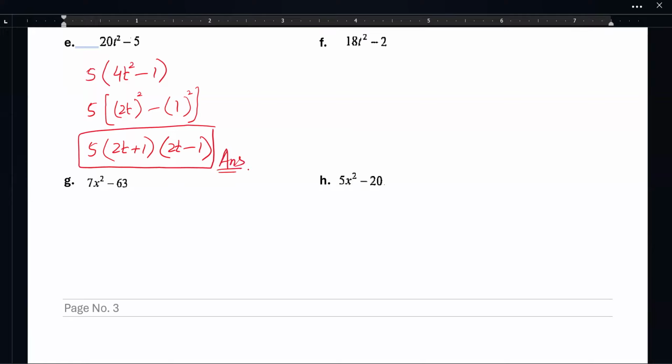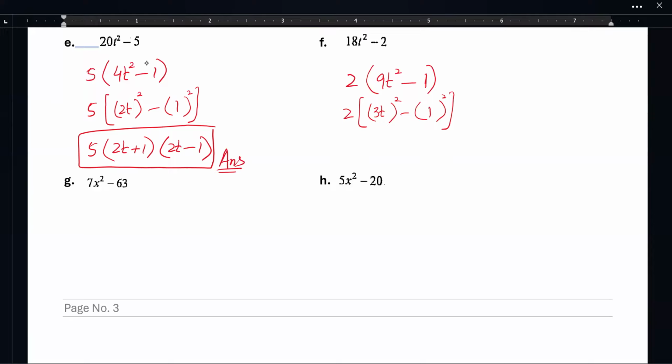Okay, part F. Yes, you got it. 2 as common here, and inside we have 9t squared minus 1. Okay, let's decide what we can have under the square. It's going to be 3t, and this is going to be 1 again.